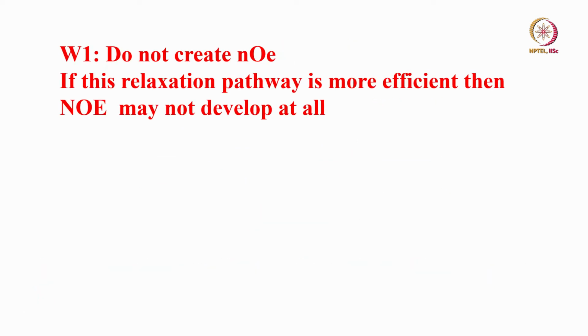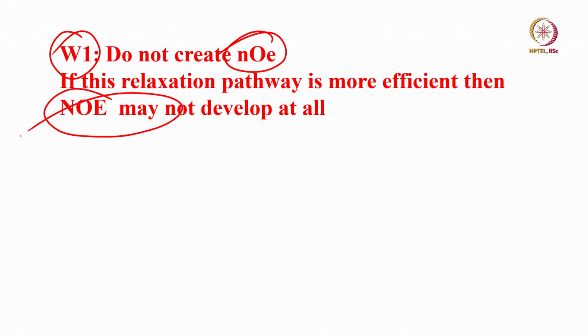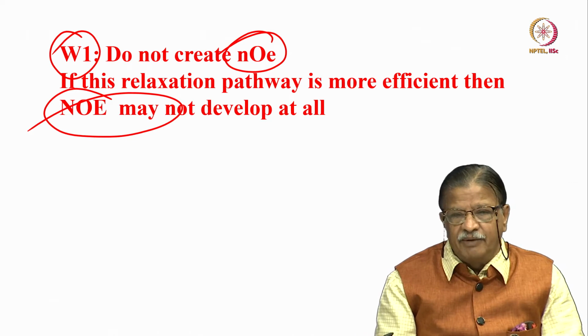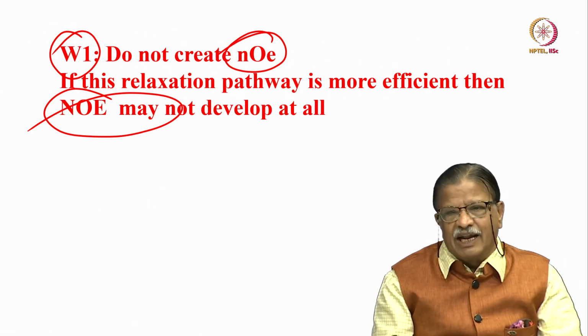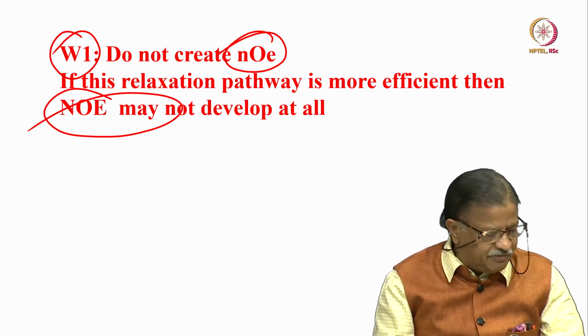Now, let us understand one thing: the W1 transition probability, that is the single quantum transition probability, does not create NOE. If this is the dominant relaxation pathway, the most efficient relaxation pathway, then NOE may not develop at all. You will not see NOE if W1 is the dominant relaxation pathway.